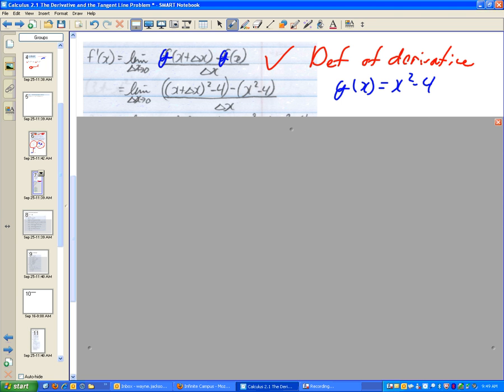Remember how it works. Whatever's inside the parentheses, that's what you substitute in for x. So if x plus delta x is inside the parentheses, that's what I substitute in for x. So instead of it being x squared minus 4, it's (x plus delta x) squared minus 4. We struggle with this sometimes. Do you follow me?